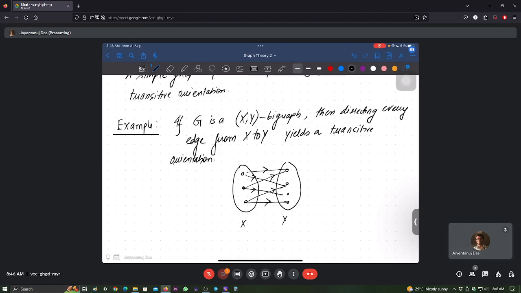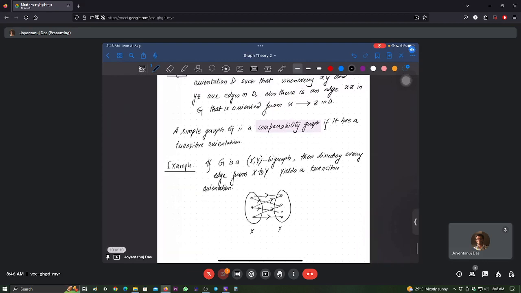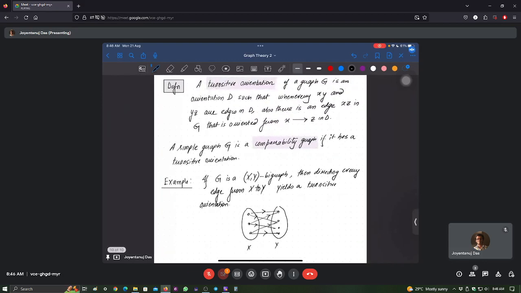If we have this direction, then it is vacuously true, right? Because whenever xy is an edge and yz is an edge, this condition will never come. Suppose this is x and this is y, x to y, but from y there is no edge in the other direction, because the edges are moving towards this side. So vacuously it is transitive, right?